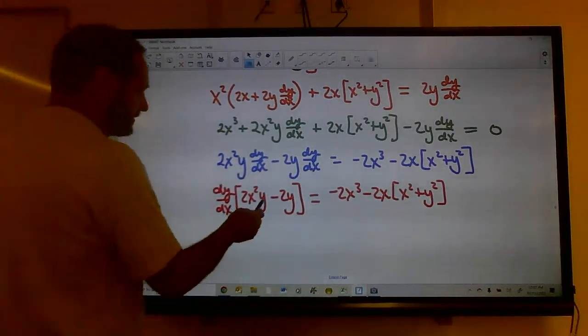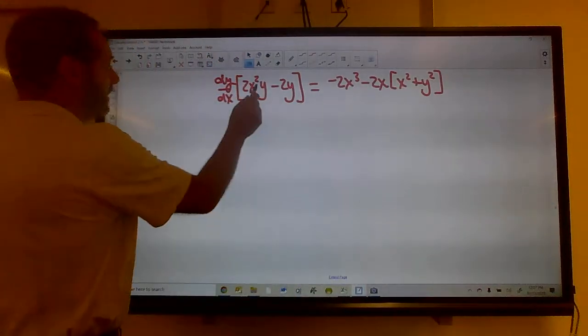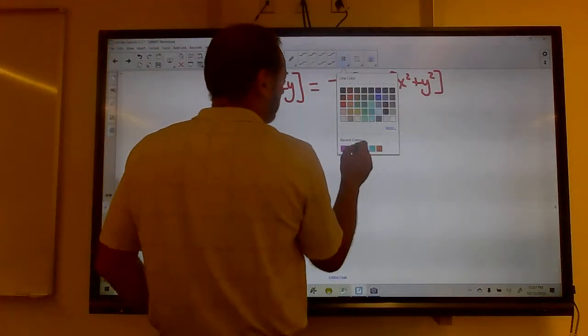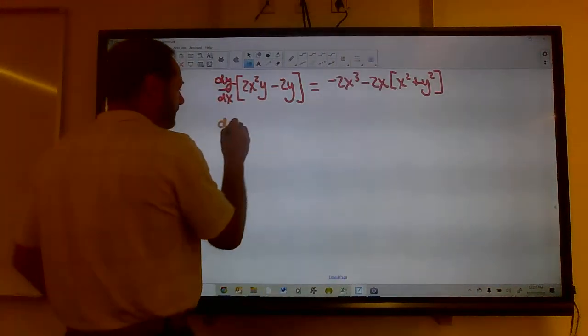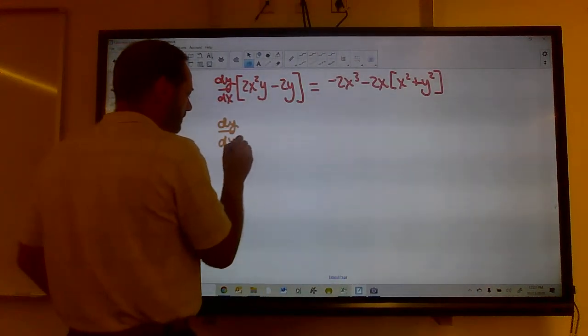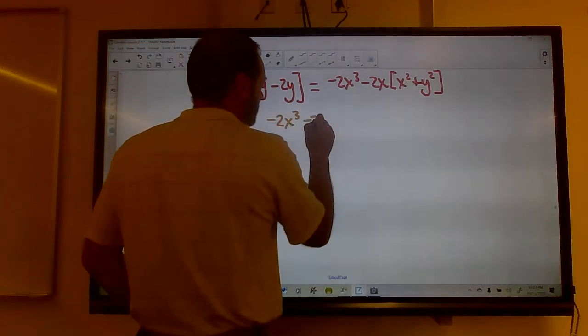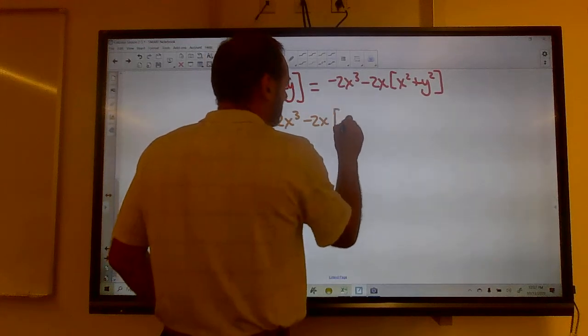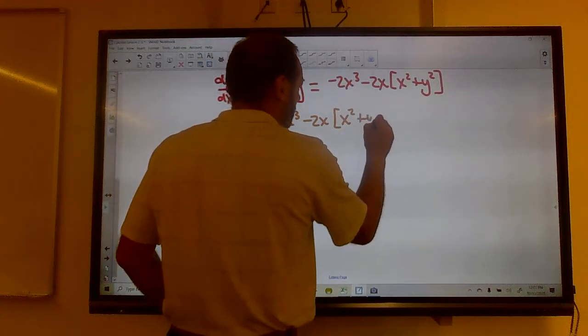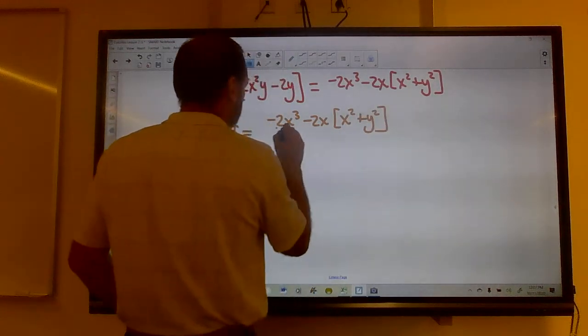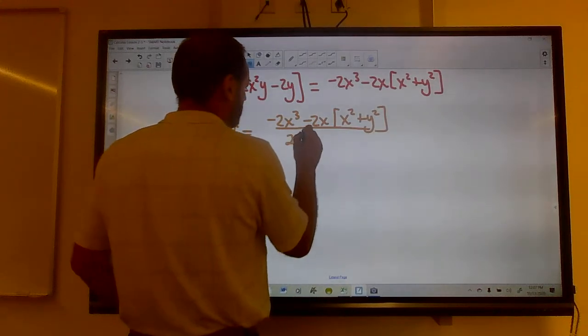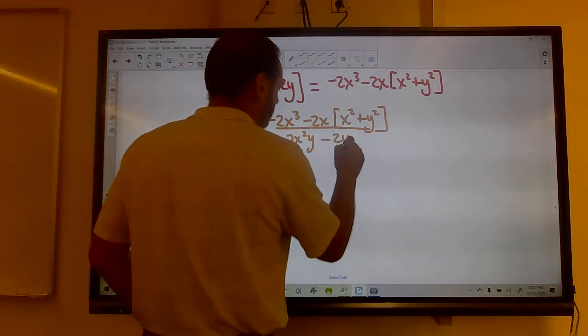And I'm going to divide both sides by this part right here so that I get dy dx by itself: negative 2x cubed minus 2x times (x squared plus y squared) all over 2x squared y minus 2y.